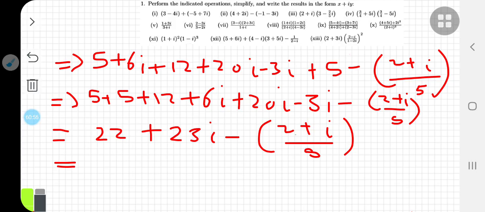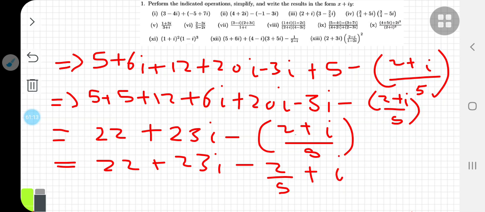I can now say I'm having 22 plus 3i minus 2 over 5 as my real part, in 2 over 5 plus i over 5 there, plus i over 5 there. So I've discovered that you shouldn't focus on this bracket.